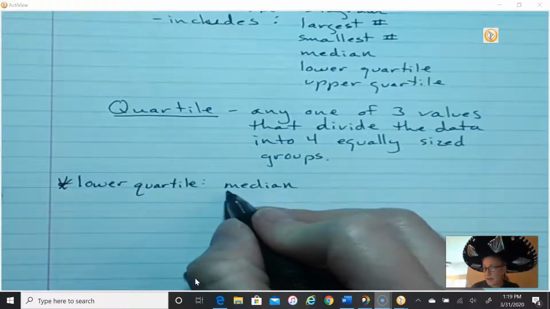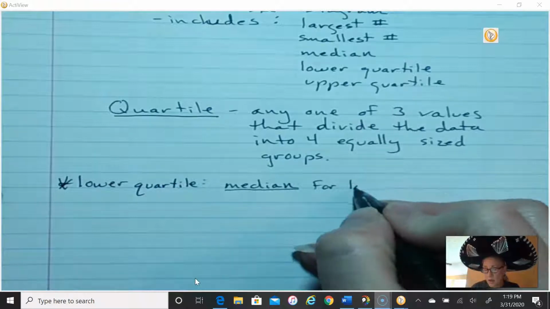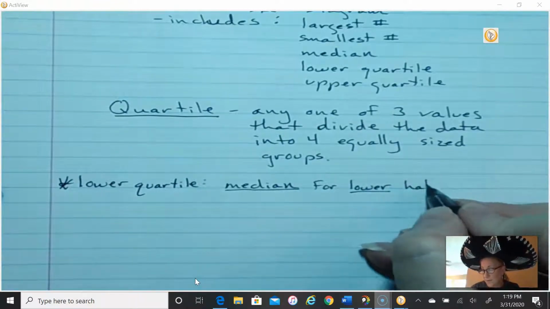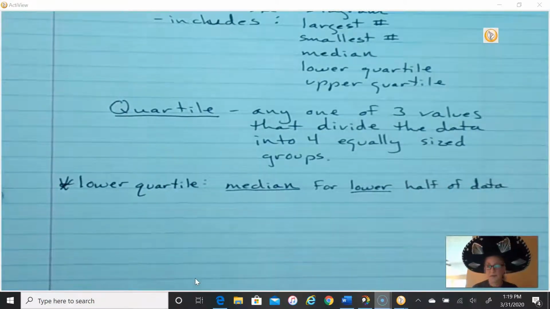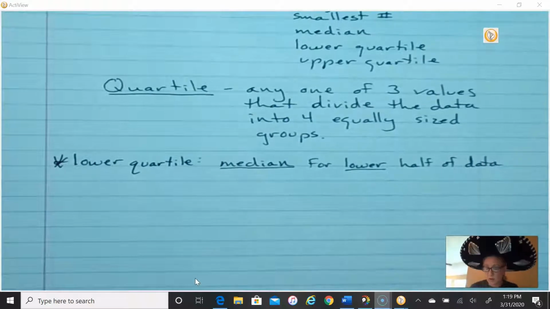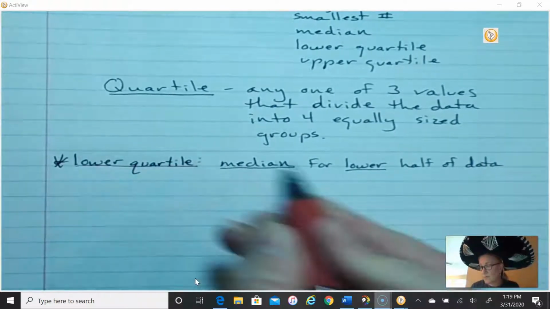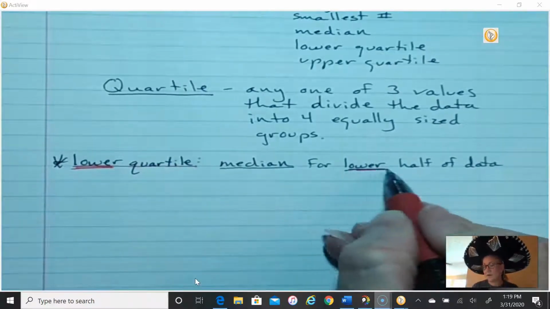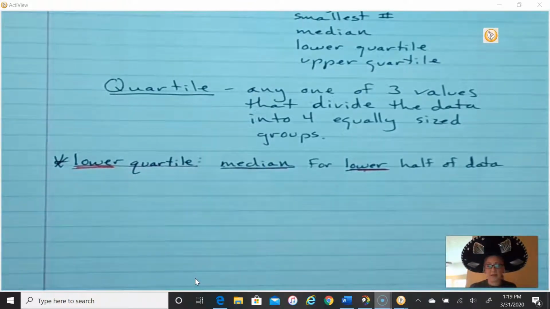The median for the lower half of data. Okay, so the lower quartile, think of lower and lower. It's going to be the median for the lower half of data.